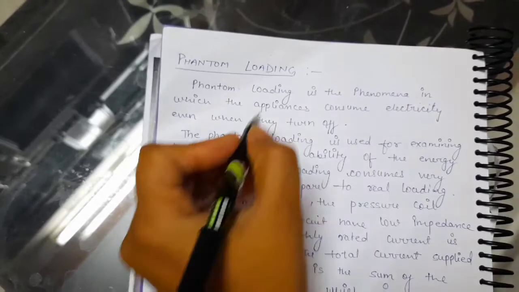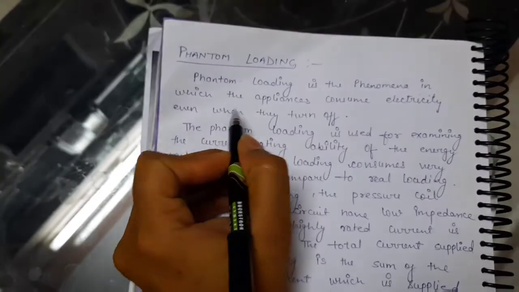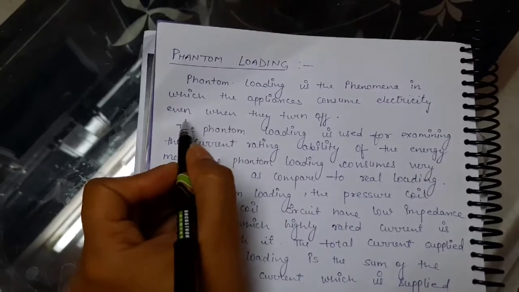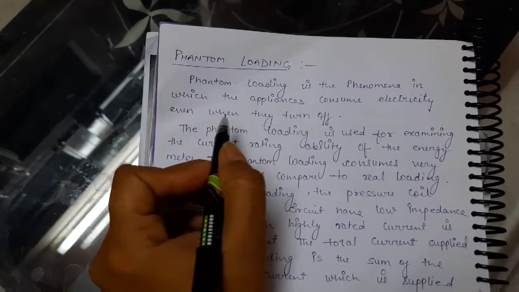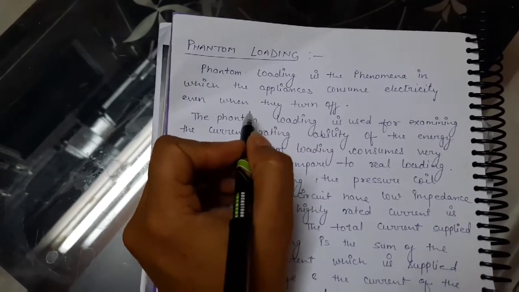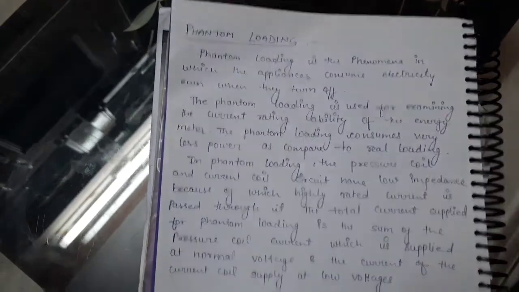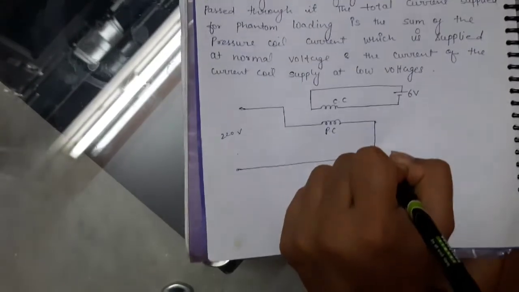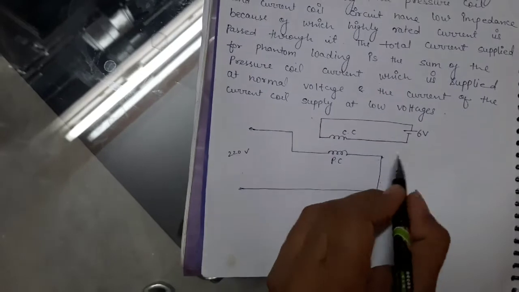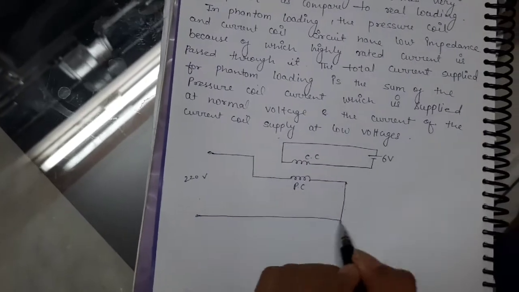Phantom loading is the phenomenon in which appliances consume electricity even when they are turned off. Basically, without loading at the output, we will get energy consumption. Means in the output section there will be no load, any load is not connected in the output, but we will get the energy consumption.